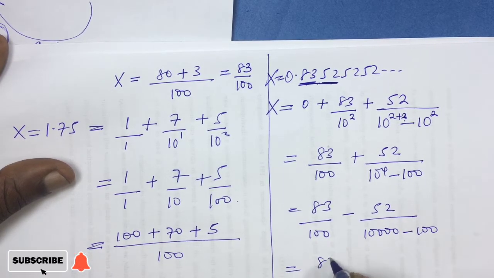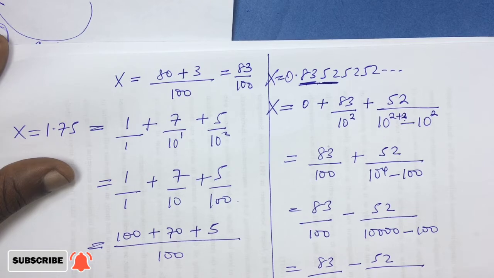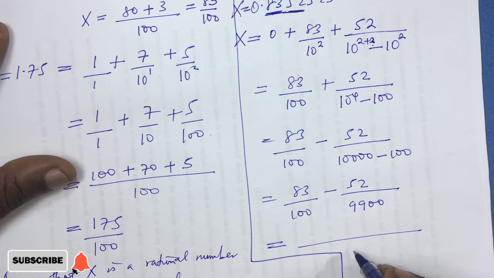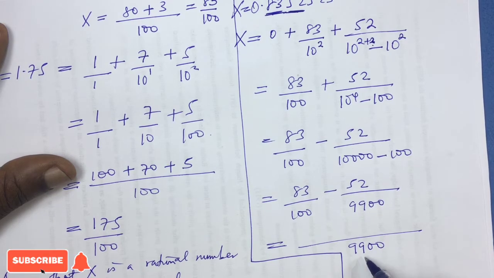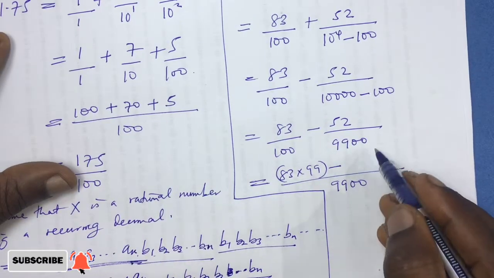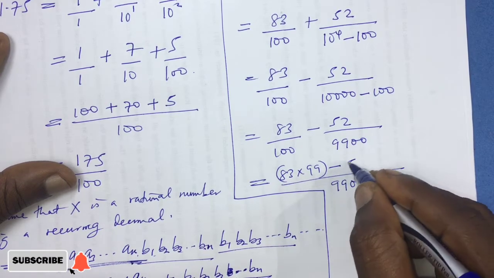So this will give you 83 all over 100 minus 52 all over, remove 100 from 10,000, that will give you 9,900. Okay? Now, if you take the LCM of 9,900 and 100, it will give you 9,900. Now, 100 into 9,900 will give you 99. So this will be 83 times 99 in one bracket, minus 9,900 into 9,900 will give you 1. 1 times 52 is 52.